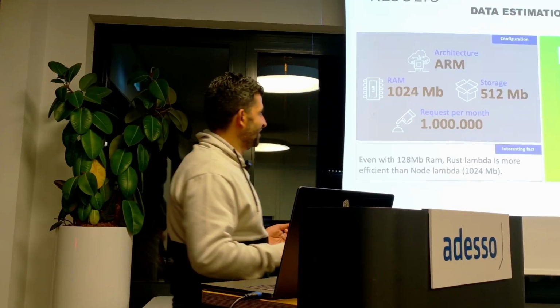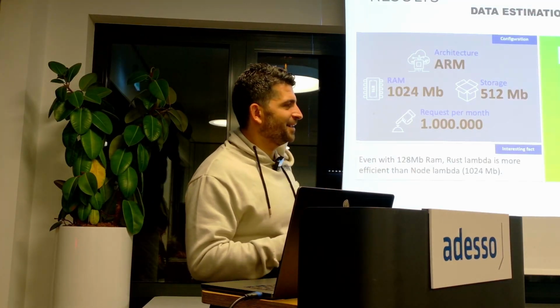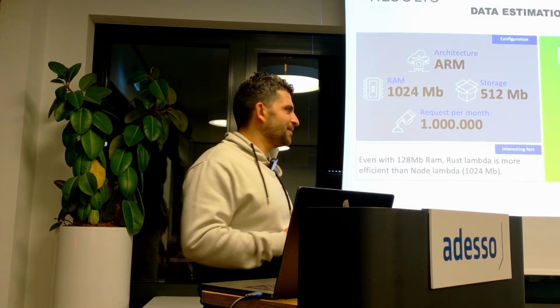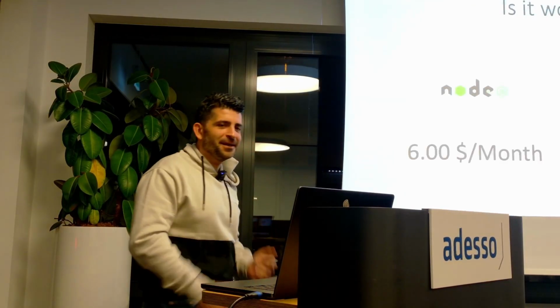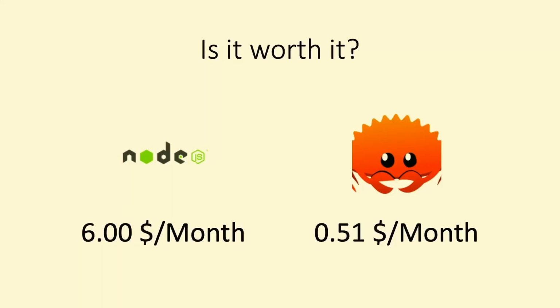What does it mean? Now you see, serverless, or Lambda, is a very cost-effective way of running stuff. So is it worth it? The node function would have cost 6 euros in a month, and the Rust function would cost, not US dollars, just 50 cents.